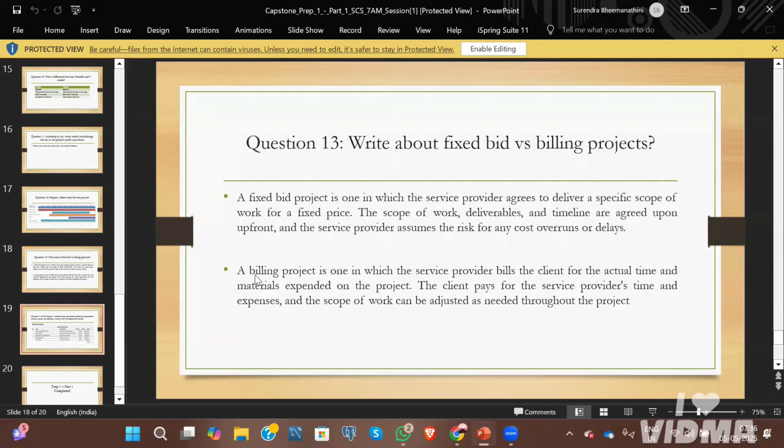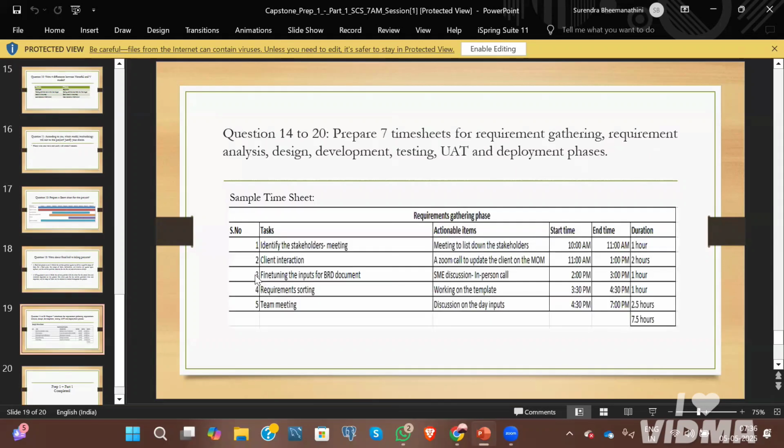And next one, prepare 7 timesheets for requirement gathering, requirement analysis, design, development, testing, UAT, and deployment phases. Timesheets are what a BA or any other employee working on this project has to fill in. A timesheet is the amount of time that you spend on a particular task. Here you can see start time, end time, and duration. This chart is for the BA, and the BA has 5 tasks. The first task is to identify stakeholders in a meeting and list them down as an actionable item, with start time, end time, and duration.